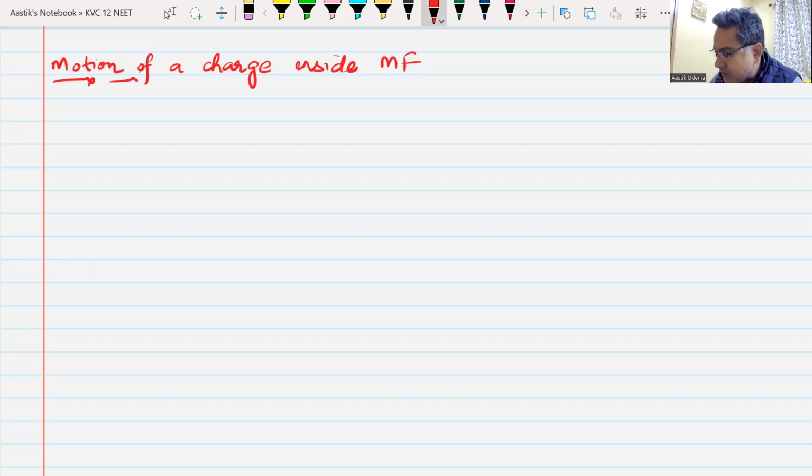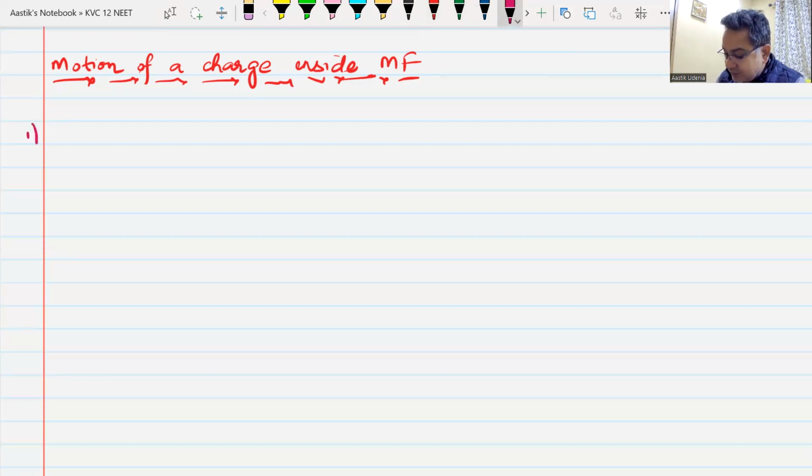What type of motion a charged particle will have inside a magnetic field? Now, this motion depends on the angle between V and B. So we'll do it case wise.